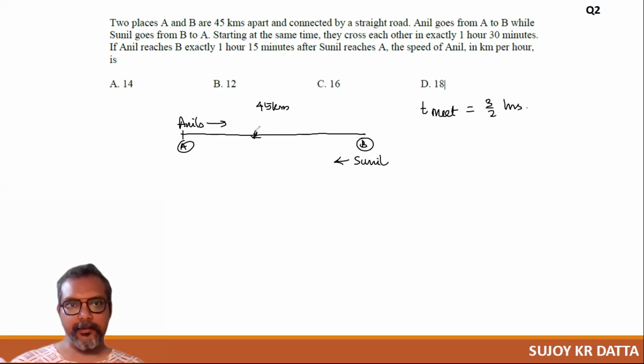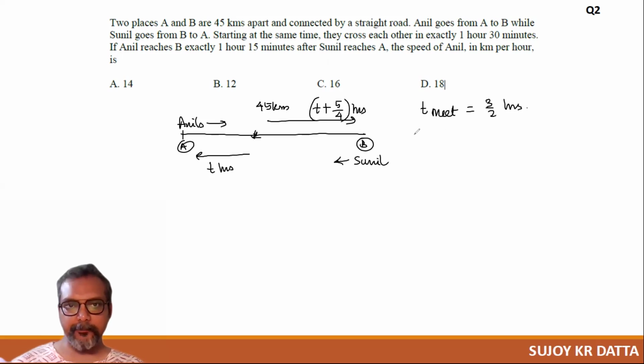Then it says Anil reaches B 1 hour 15 minutes after Sunil. So if Sunil has taken t hours for this, then Anil has taken t plus 15 minutes, which is 1/4, so t plus 5 by 4 hours.